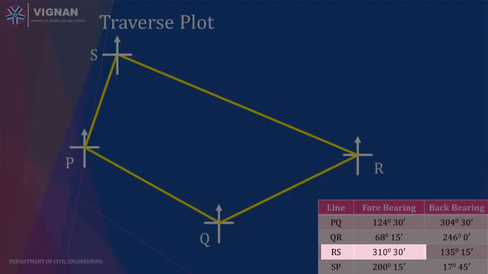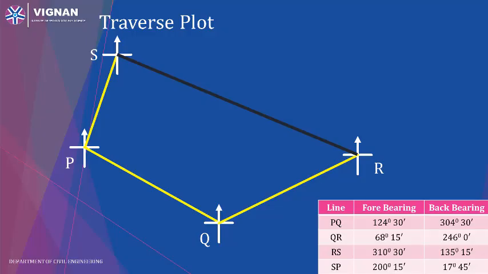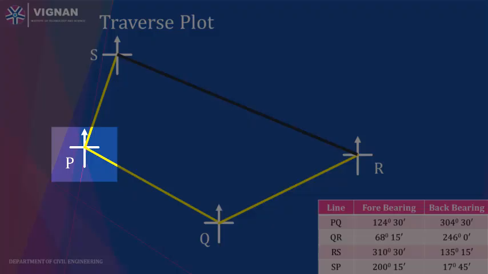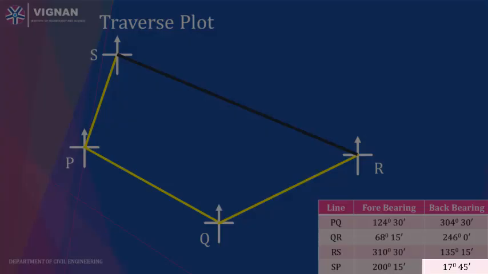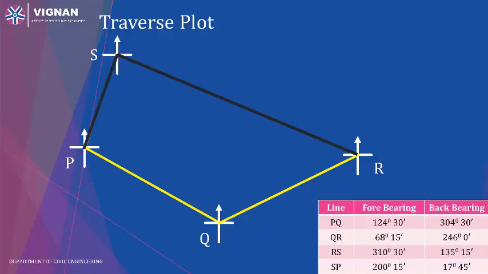From R, draw a line such that the whole circle bearing is 310 degrees 30 minutes. And from P, draw a line which makes an angle of 17 degrees 45 minutes, which is the back bearing of SP.